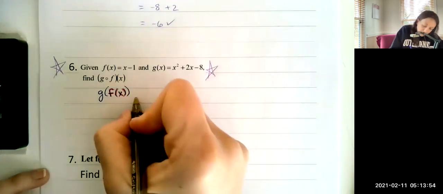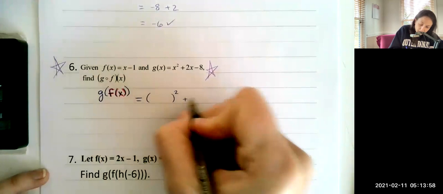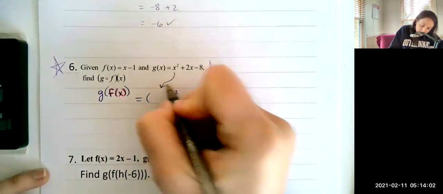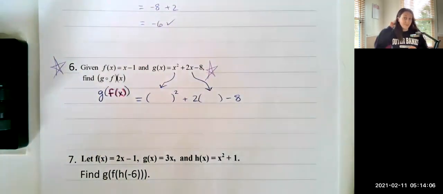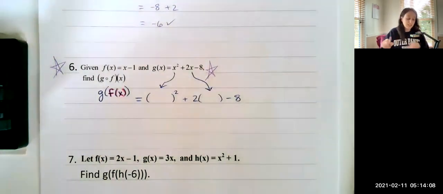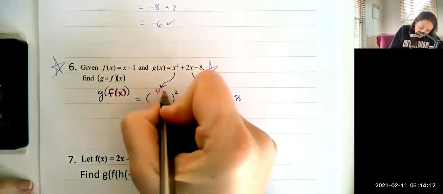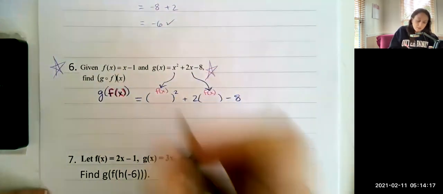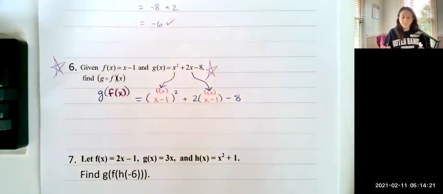Now I am going to build the g shell. So here's the g shell: x squared plus 2x minus 8. That means I have to plug f into this problem twice. So I have to put f of x here, and I have to put f of x here. x minus 1 and x minus 1.